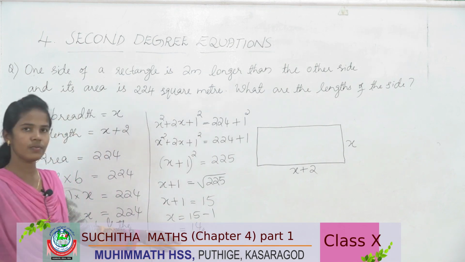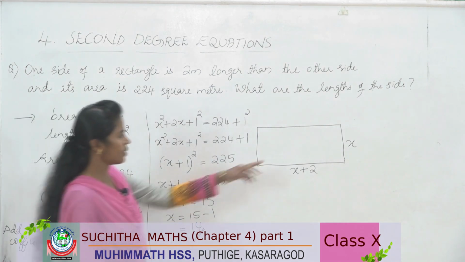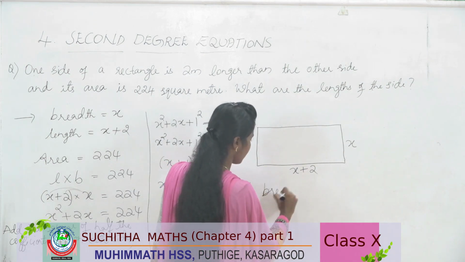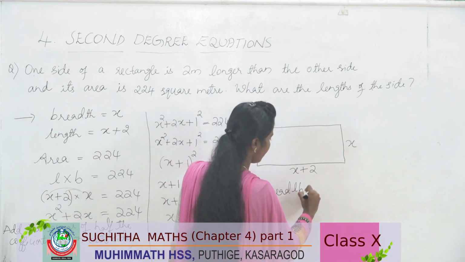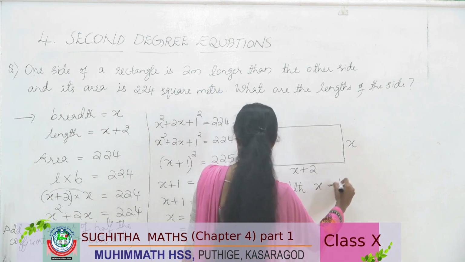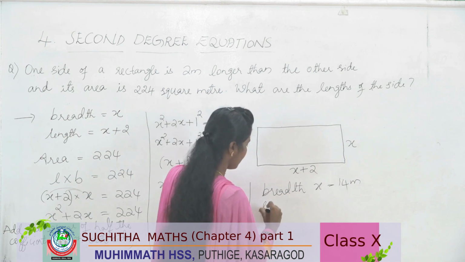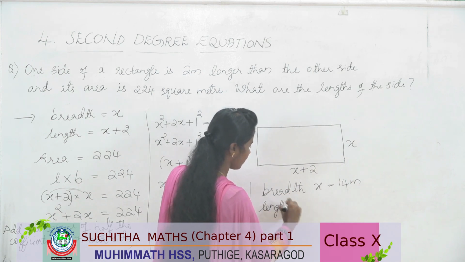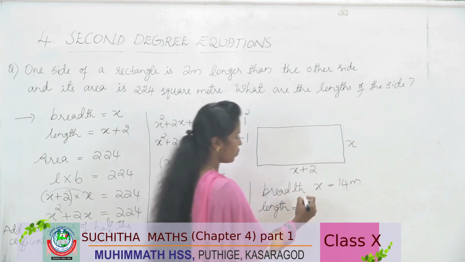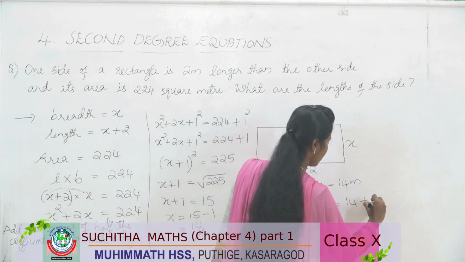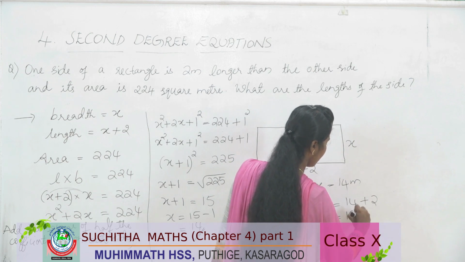Value of x is 14. That is, x is the breadth. So breadth of the rectangle, x equal to 14 meter, and length is x plus 2. That is 14 plus 2 equal to 16 meter.